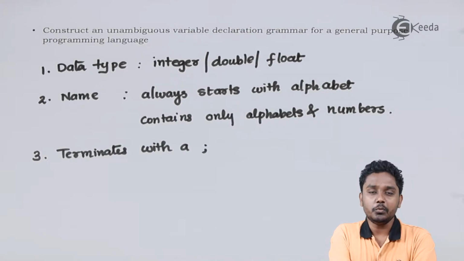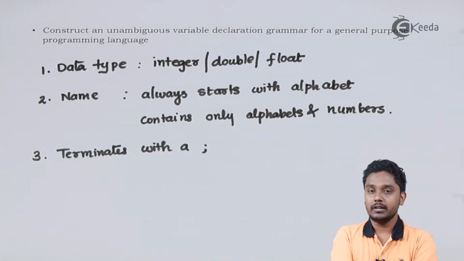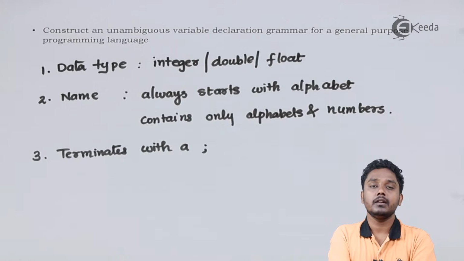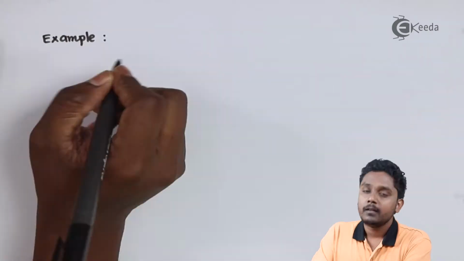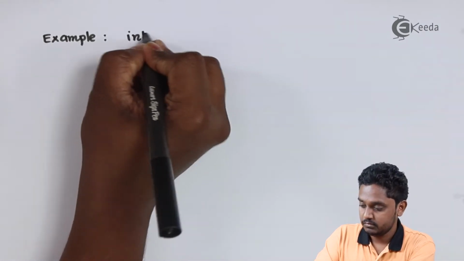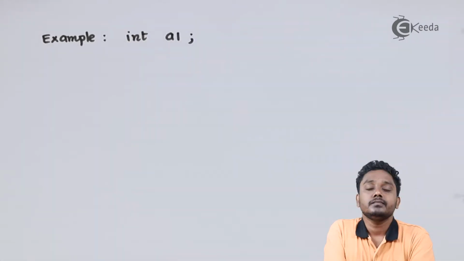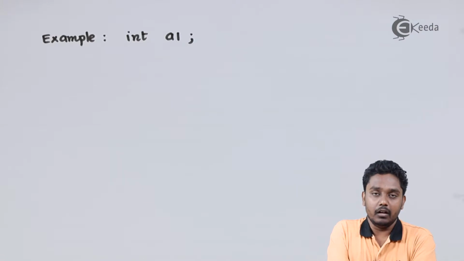Now we need to put these rules into a grammar. Let us try to write the grammar for the same. First, let me give a few examples. Int a1 is one declaration of a variable having integer as the data type and a1 as the name.